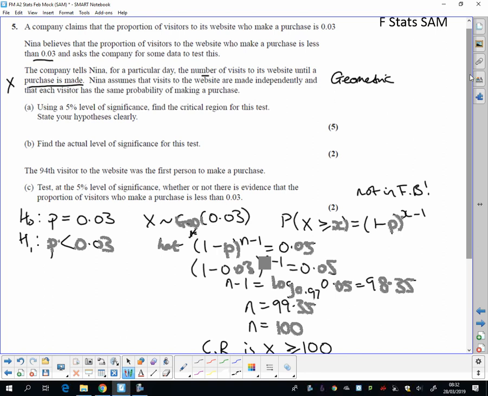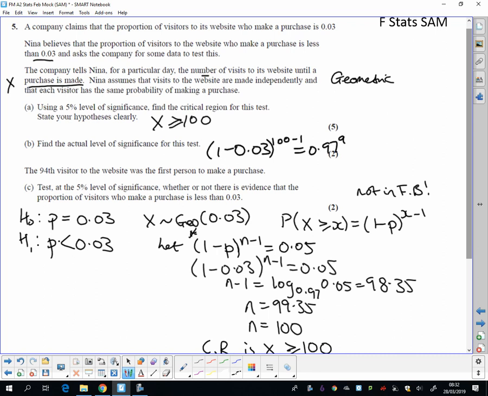Now I want my actual significance, so that's the actual probability of X being greater than or equal to 100. To do that, I'm going to do 1 minus 0.03 and then put in my 100 minus 1, so 0.0490.